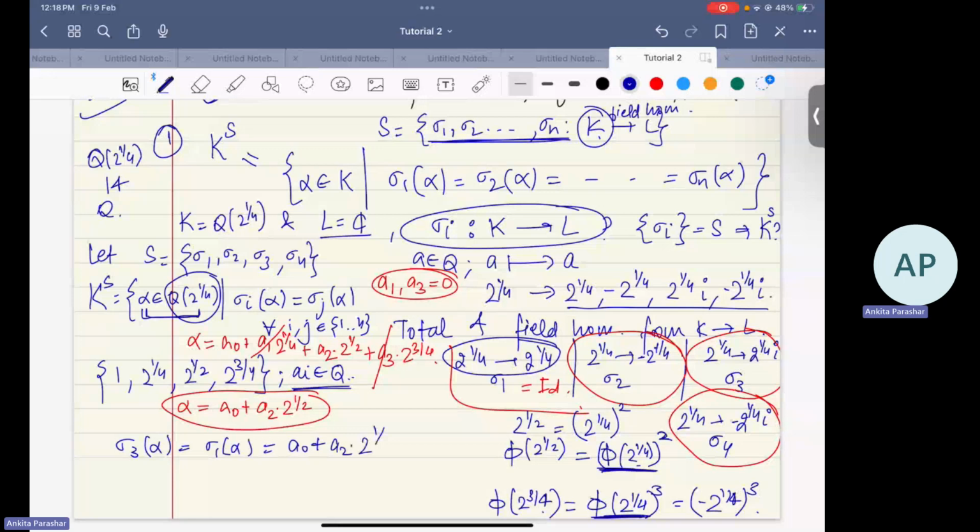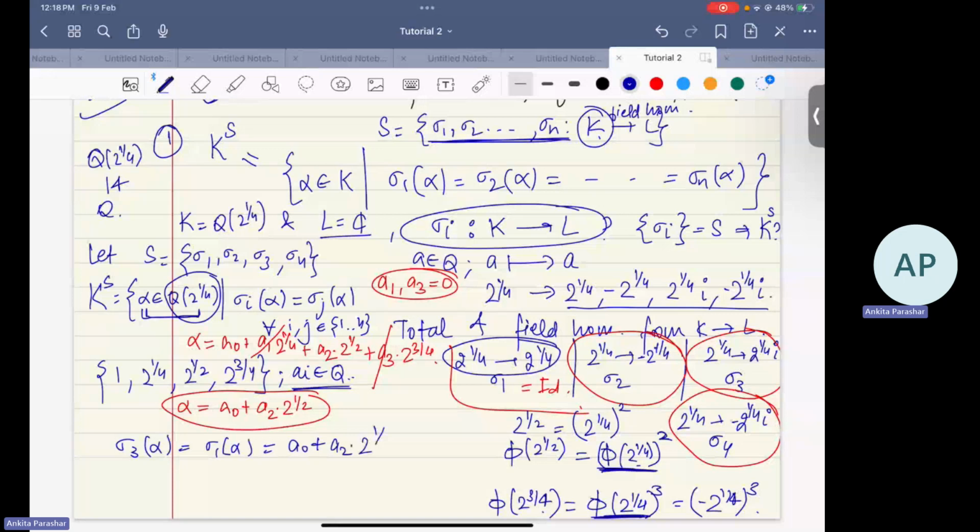It's 4, right? The first one is root 2 going to root 2, root 3 going to root 3. Everything goes to the same, the identity. The other one is root 2 goes to minus root 2, root 3 is constant. The other is root 2 is constant, but root 3 goes to minus root 3.